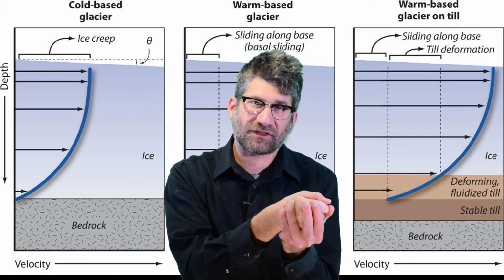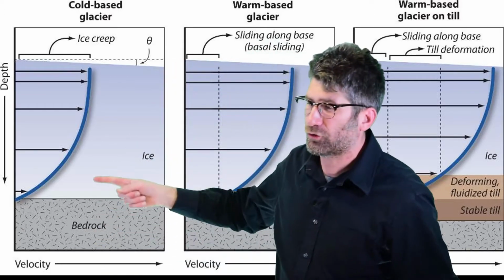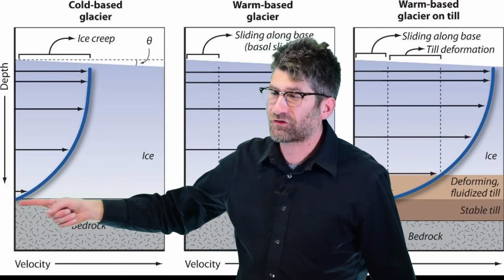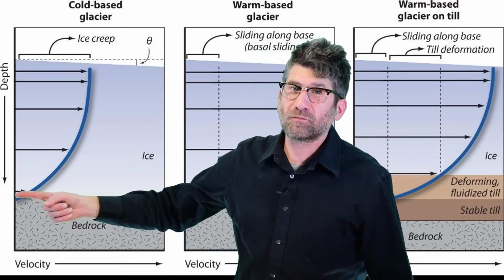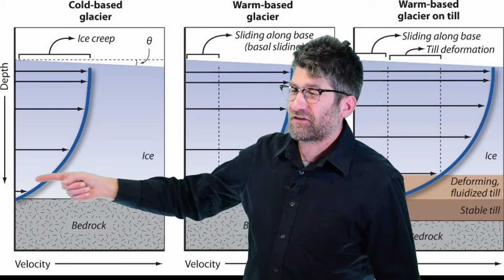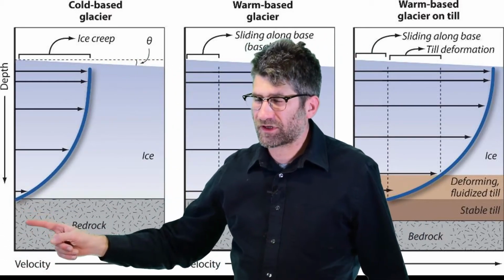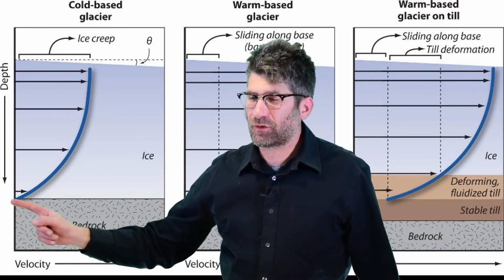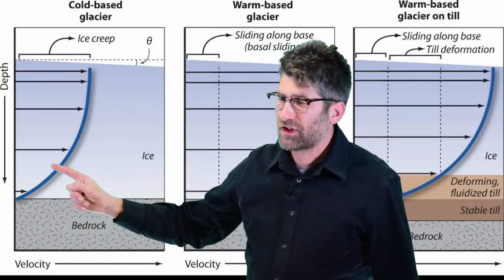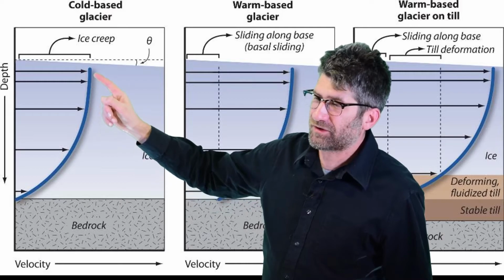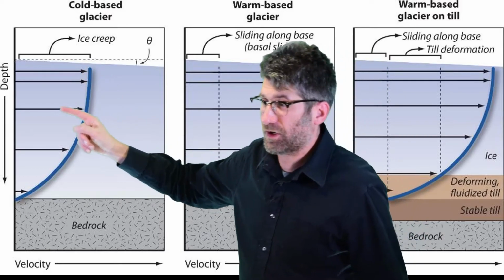And so it's stuck at the bedrock, it doesn't move. That would be a cold base glacier where there's zero slide, and then all of our movement is associated with deformation via flow. So again, we're going to have our velocity at zero at the base and then an increase exponentially as we move up into the flow with the fastest flow at the top.